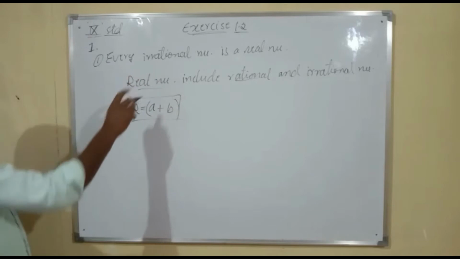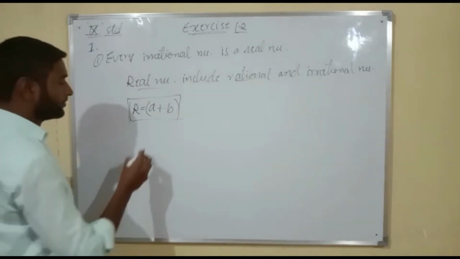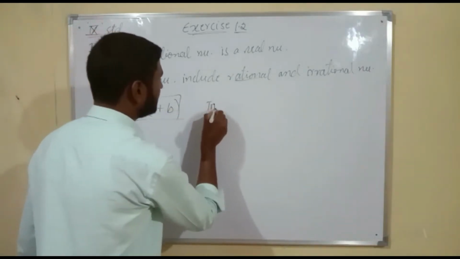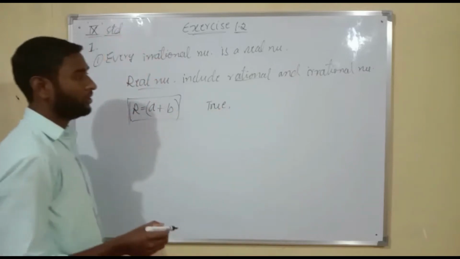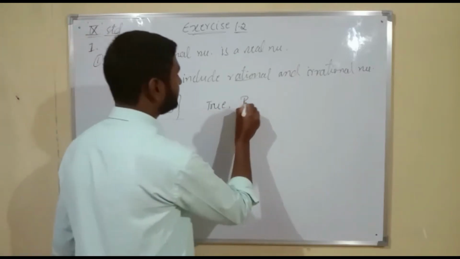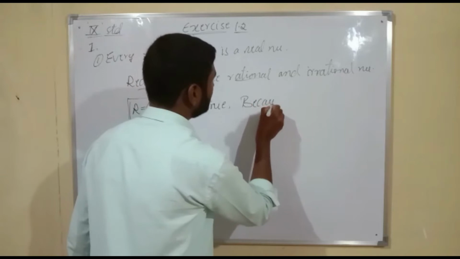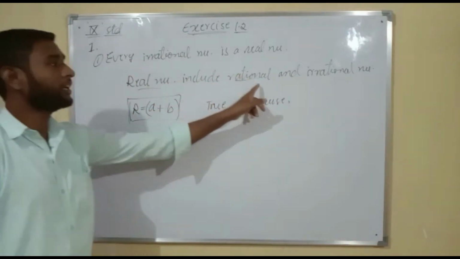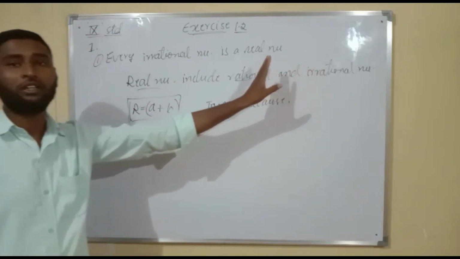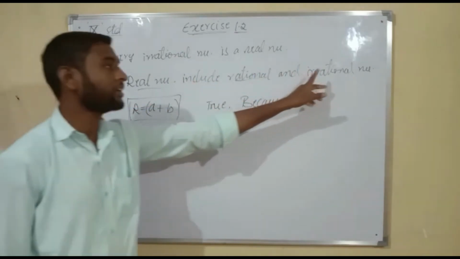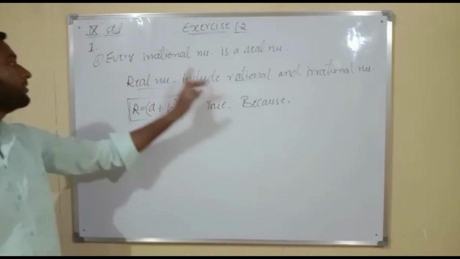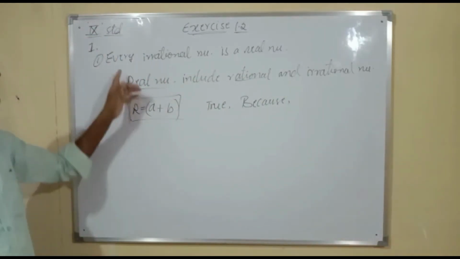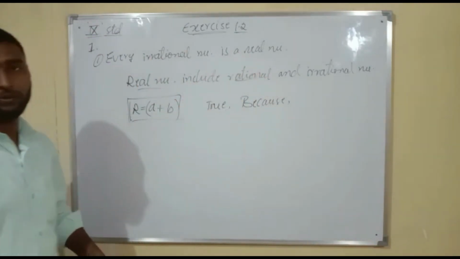So the statement given above is true, because real numbers include rational and irrational numbers. Each and every irrational number is a member of the real numbers. So the statement given is true.